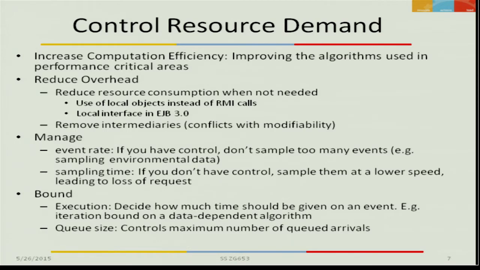In a queue size, you first keep getting the requests, and when the queue is full, you throw away requests until the queue again has some slot. However, for event management, events continue to come in a stream, and in a sampling time reduction, it means that you are sampling at a lower speed and just dropping some of the requests in between.